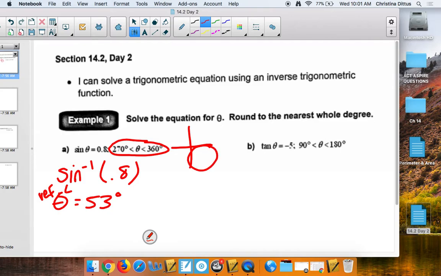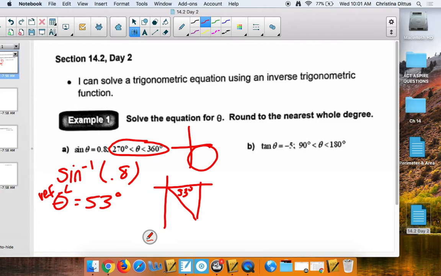Yep. Okay. Well, I want an angle that's 53 degrees, but is down in that quadrant. Remember, when we draw our angles, it's always the angle that it makes with the origin and the x-axis, okay? So, is it true that this angle is also 53 degrees?